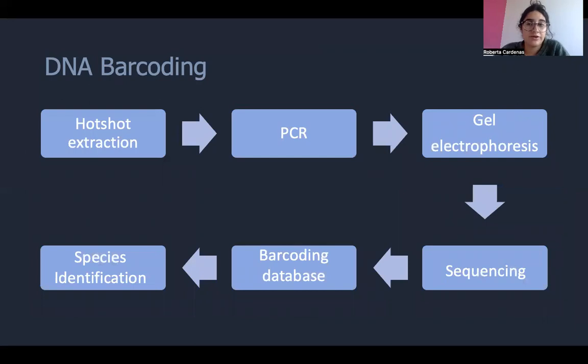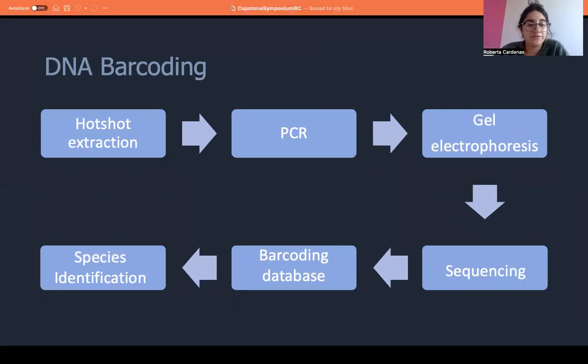To DNA barcode these organisms, I first performed a hotshot DNA extraction, and I used that DNA to amplify it using PCR, and I used gel electrophoresis to confirm that I had amplified enough DNA that would allow for species identification. So once I had amplified that DNA, I sent it over for sequencing over at UH.